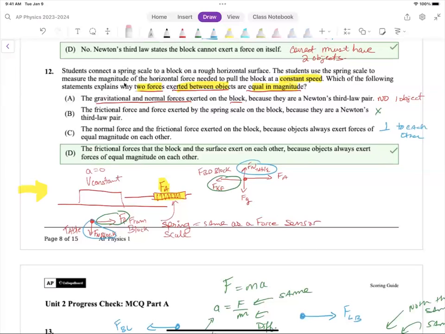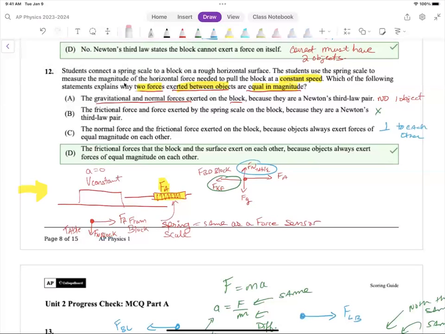Now, I'm just looking at the forces from the table that are acting relative to the surface of the block, okay? Now, there's a force normal that the block puts on the table downward, correct?